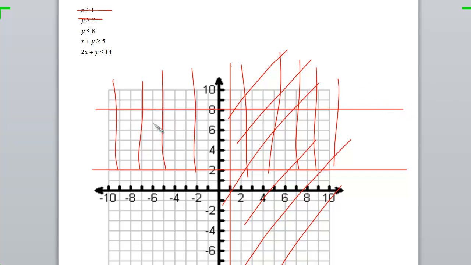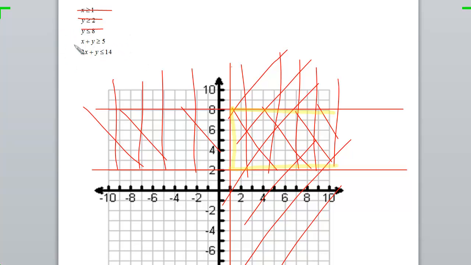And we're talking values less than, so that's going to be all this below. Right now I'm just going to give a little bit better definition to our shaded region. Right now we're working in here. That's the overlapping region right now.